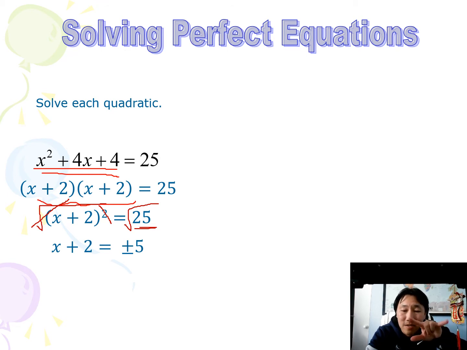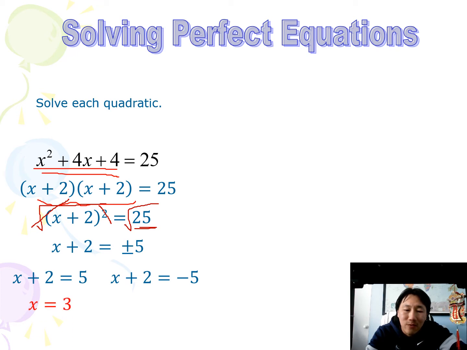But before that, I'm going to split it into 2. One that's a positive 5 and one that's a negative 5. And then you're going to solve both equations. Subtract 2 from both sides. That one, x equals 3. And that one, x equals negative 7. All right, so that was a perfect equation just because all the numbers worked out nicely.